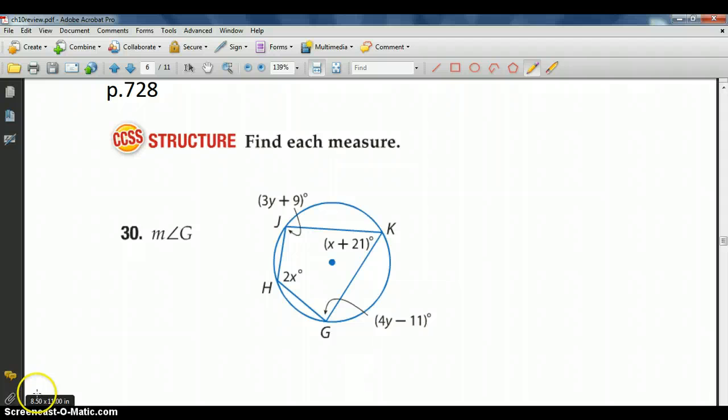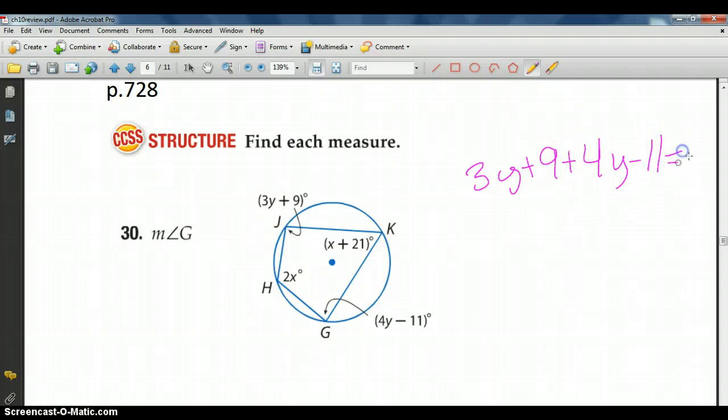Similar type of problem on page 728, number 30. Find the measure of angle G. To find G, first we have to figure out what y is. We have an inscribed quadrilateral, so opposite angles are supplementary. So 3y plus 9 and 4y minus 11 must add up to 180.